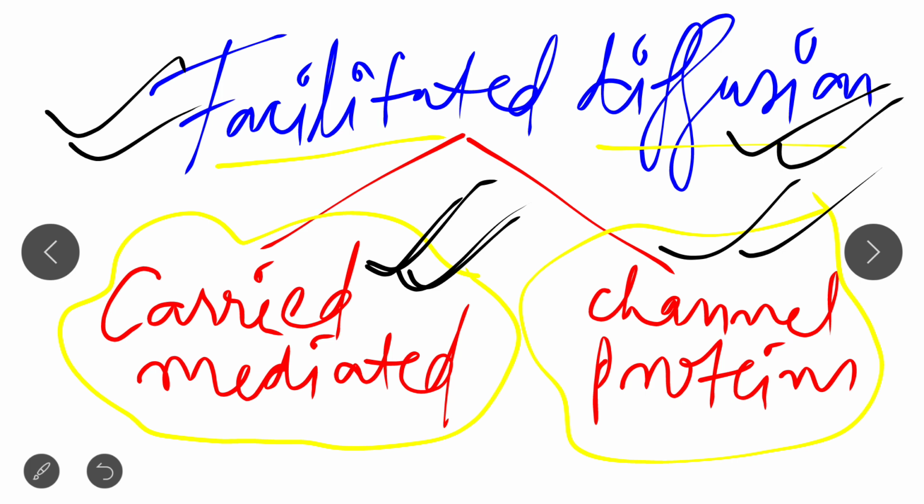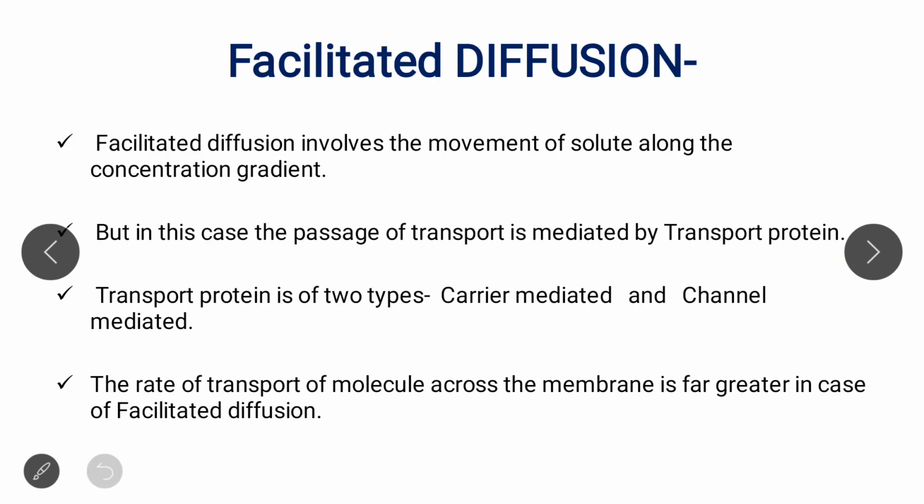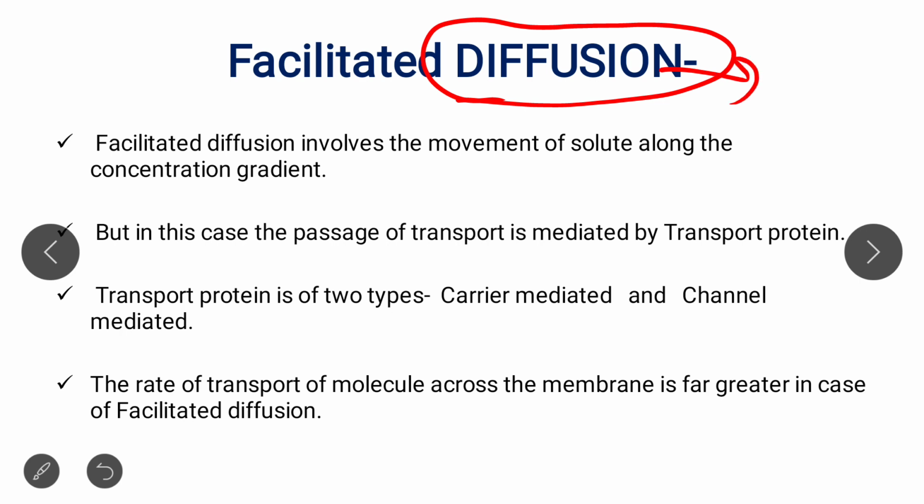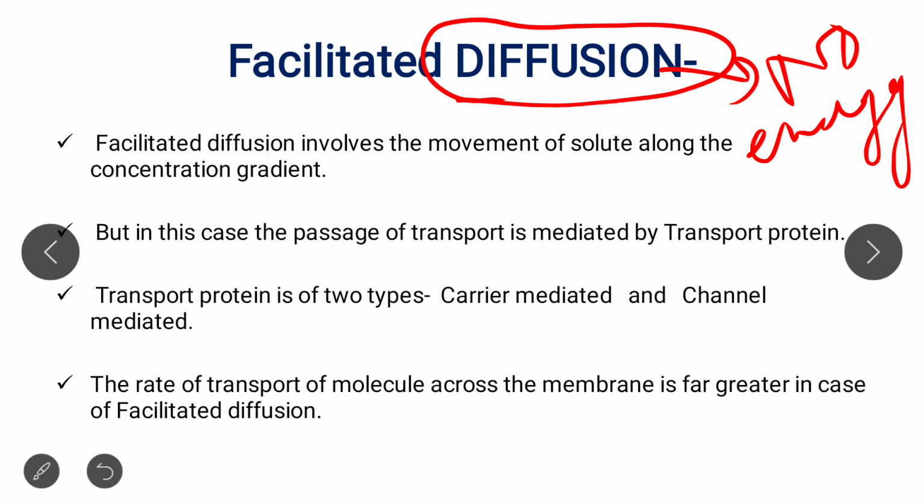Now we will briefly discuss what facilitated diffusion is, and briefly discuss these two types of proteins. So let's start. If we see the definition of facilitated diffusion, we all know that diffusion is a process where no energy is required.